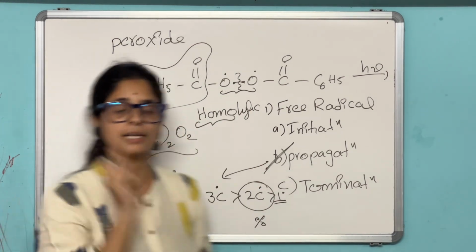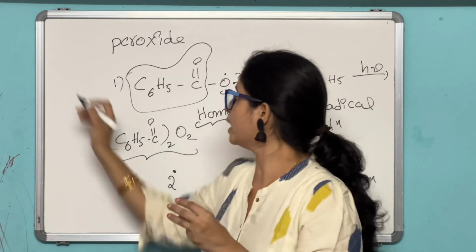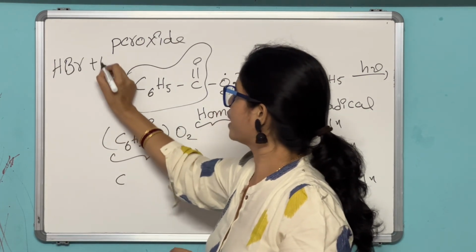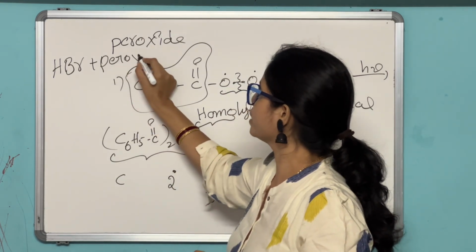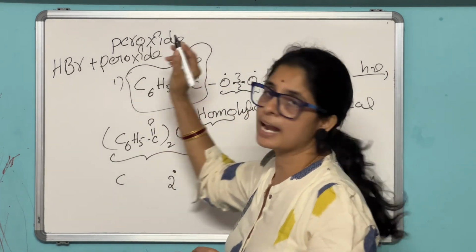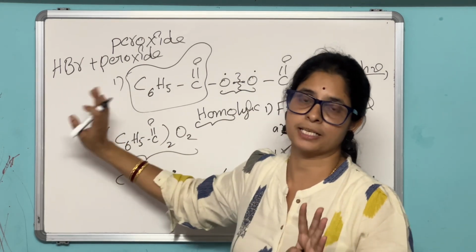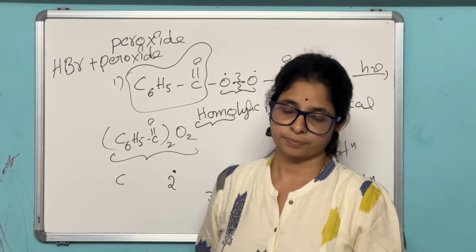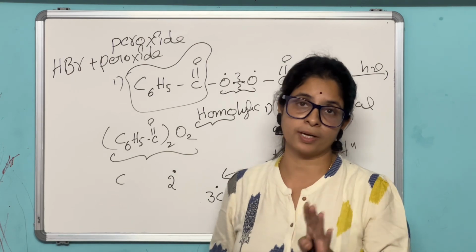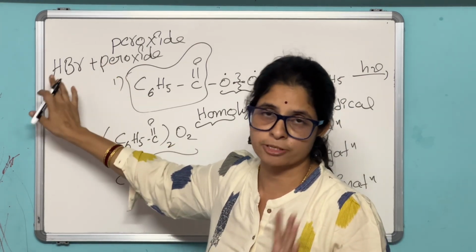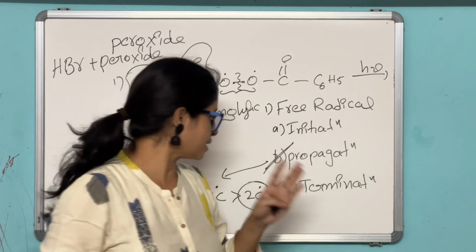This is observed only in the case of HBr plus peroxide. This is not observed in the case of HCl and HI. So peroxide effect only takes place in presence of peroxide, along with HBr only. So what is the reason for this?